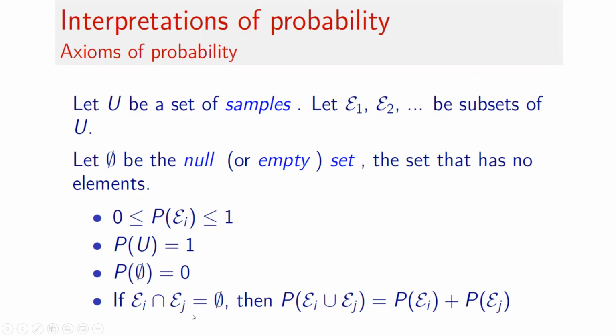And in the last axiom, the area of a set of land consisting of two non-overlapping parcels is the sum of their areas. Remember that epsilon subindex I and subindex J are disjoint, so they don't overlap. So if I have two separate lands and I want to know the probability, it's the sum of both areas. That is one way to think about probability.